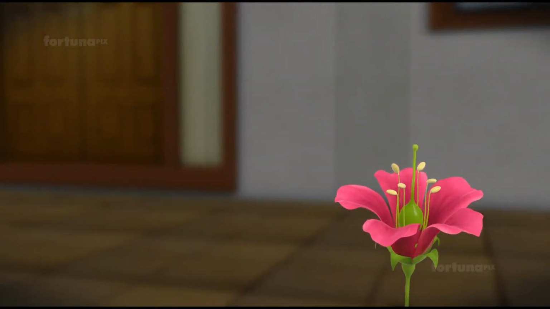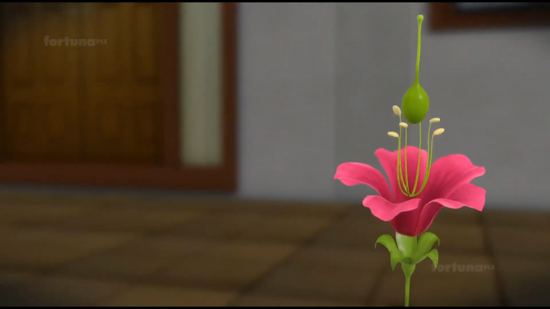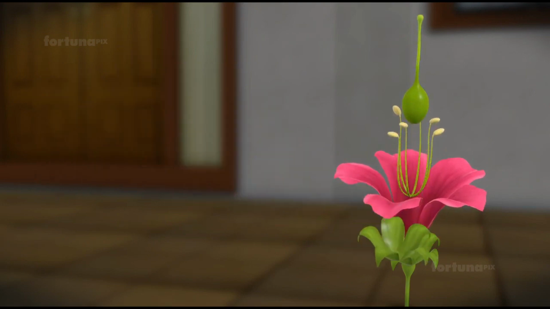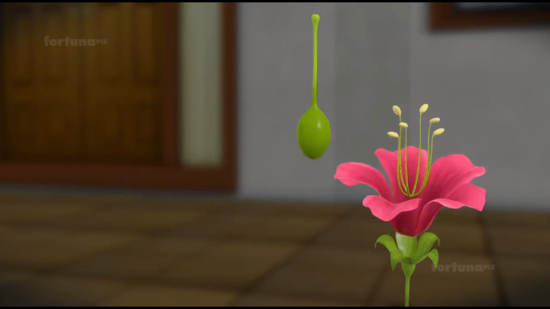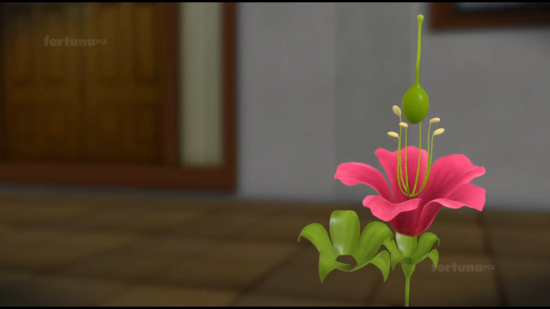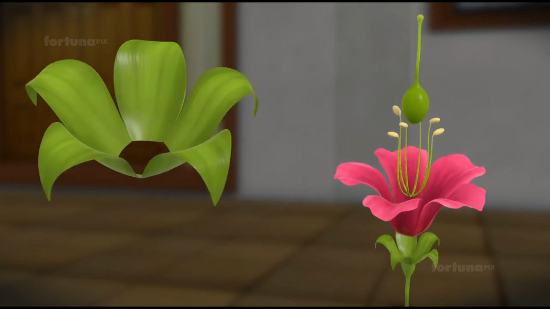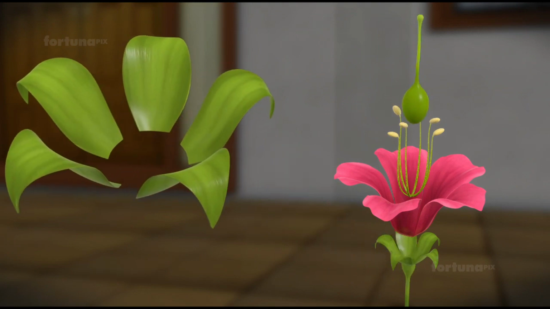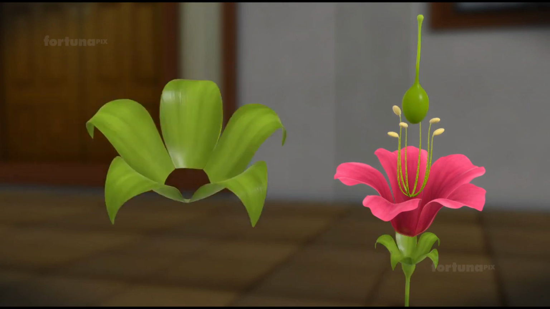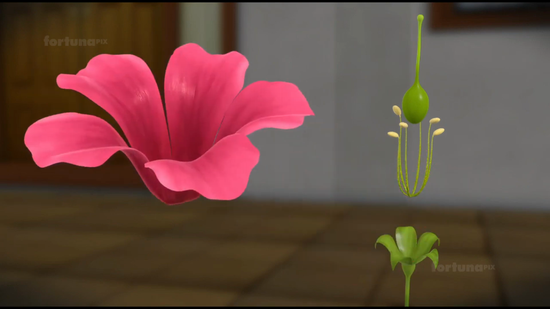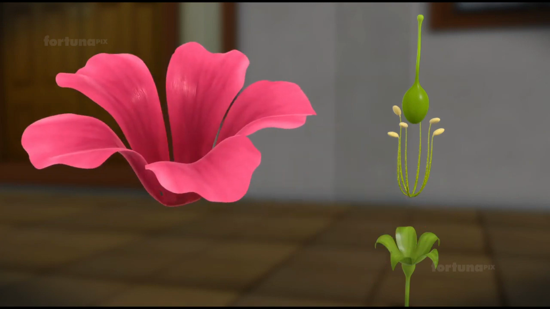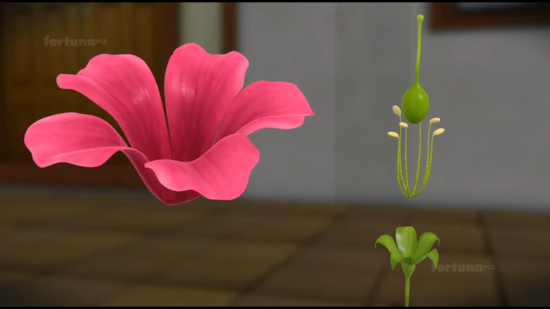A flower is made up of 4 concentric whorls: the calyx, the corolla, the androecium, and the gynoecium. The calyx is the outermost whorl and is made up of leaf-like structures called sepals. The next floral whorl, the corolla, is made of the familiar colorful, delicate structures called petals. It's this layer that attracts insects, such as bees, for the purpose of pollination.